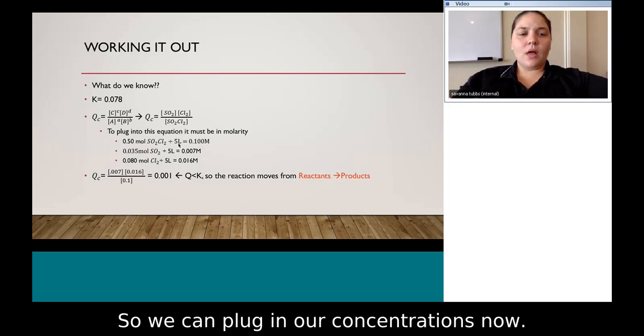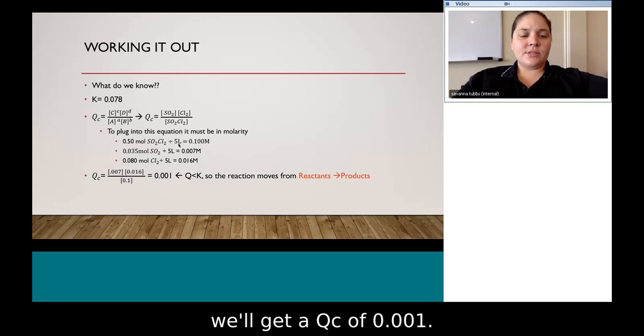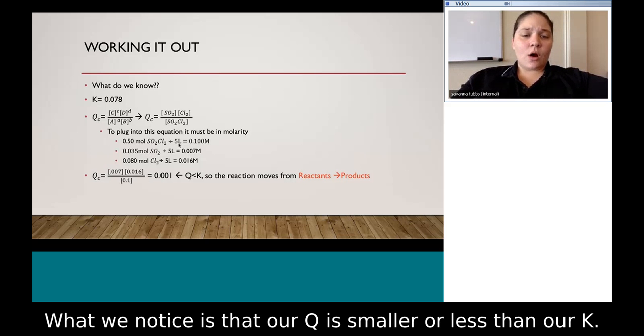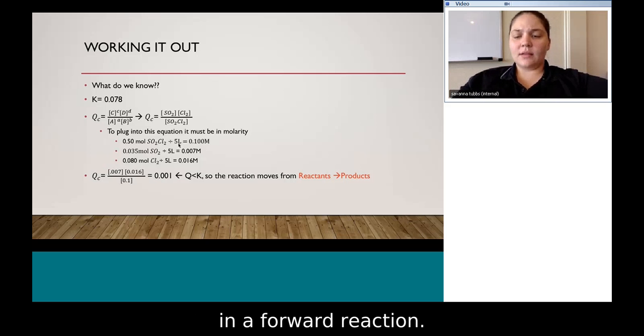So we can plug in our concentrations now. When we plug in 0.007 times 0.016 divided by 0.1, we'll get a QC of 0.001. What we notice is that our Q is smaller or less than our K. So the reaction is going to move from reactants to products in a forward reaction.